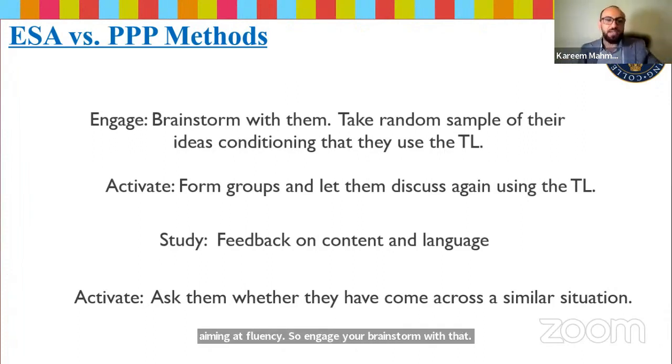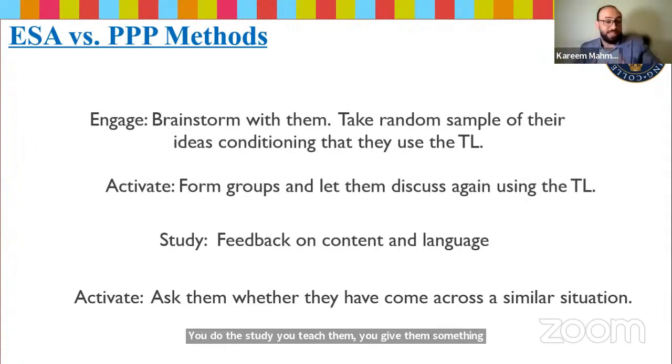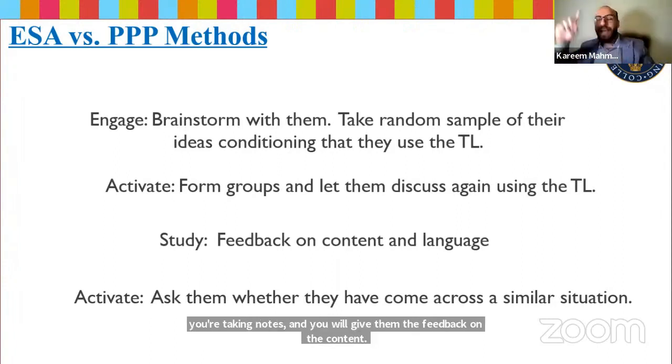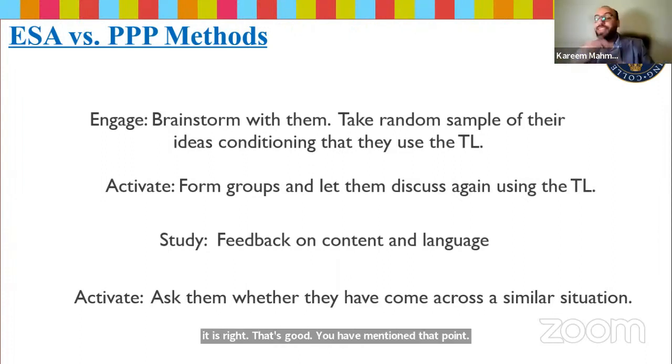You activate, meaning you form groups and do the round robin. You do the study, you teach them, and you give them feedback on the content and language, because you're taking notes. Yes, it is right. That's good. You have mentioned that point.